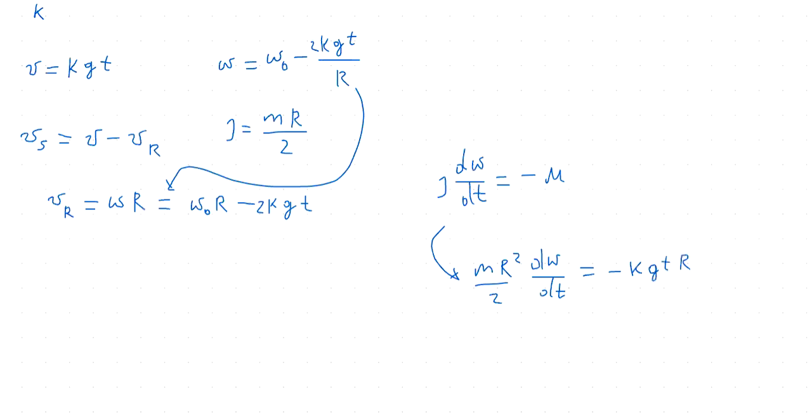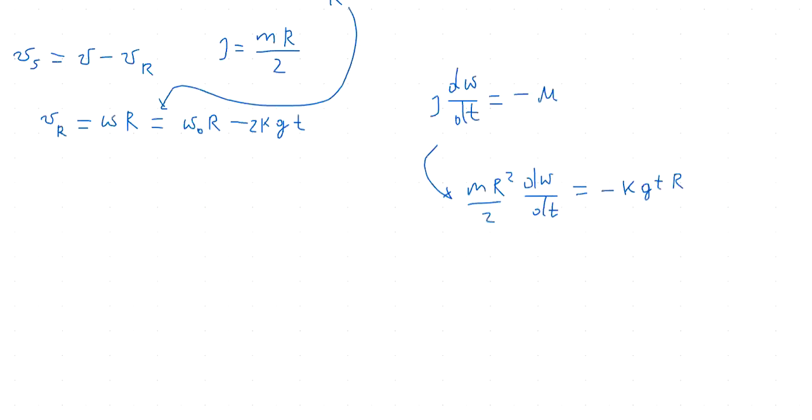And of course from here we had d omega by dt, and it was not kgt divided by r. It was 2 kgt divided by r.